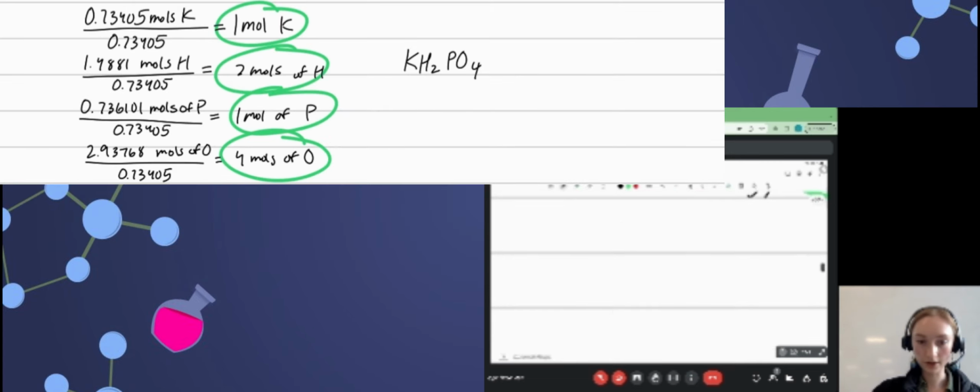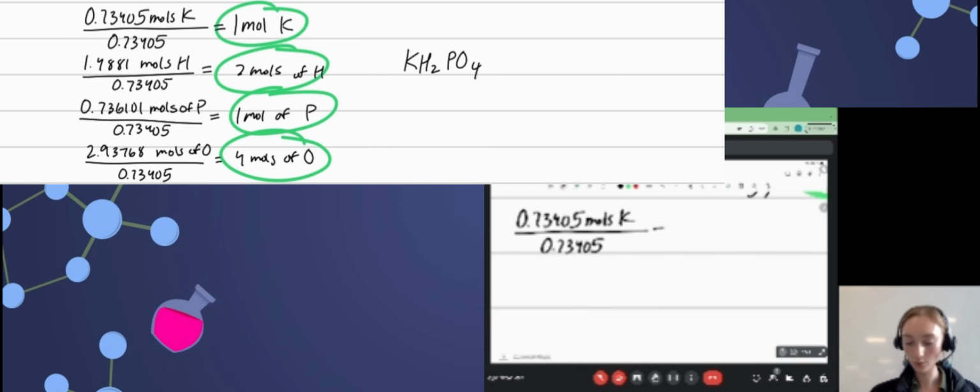So what that will look like is 0.7345 moles of potassium divided by the smallest number. We'll just get 1 mole of potassium. And then for the amount of moles of hydrogen, we had the 1.4881 moles of hydrogen divided by the smallest number, which was this one, same one.